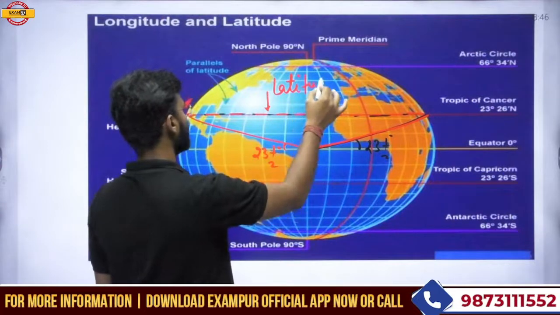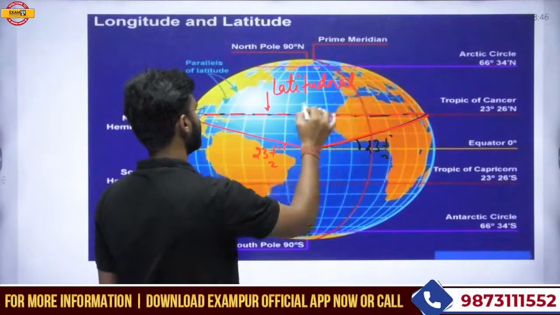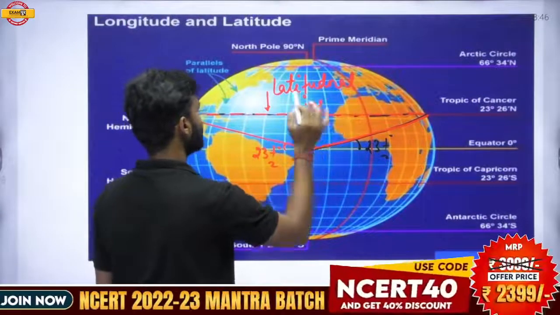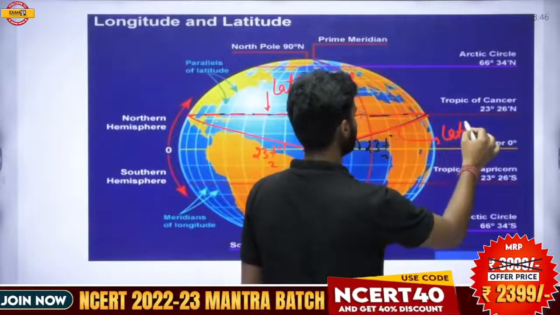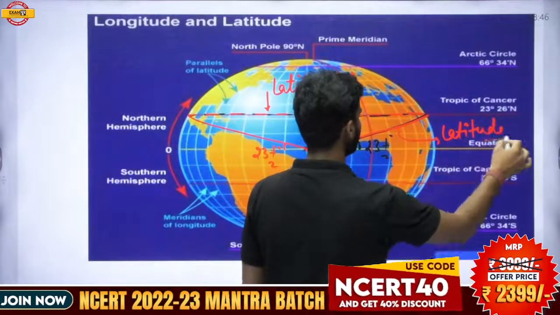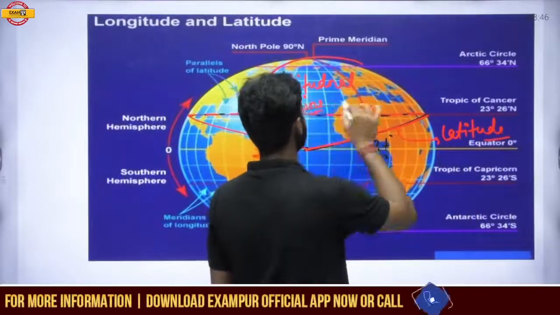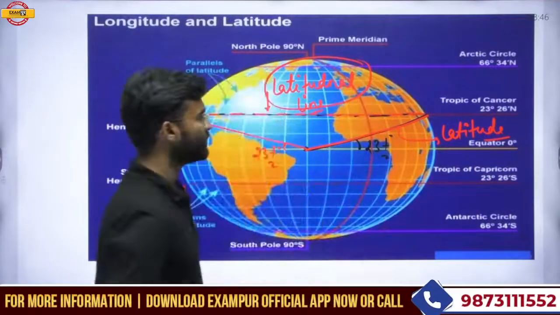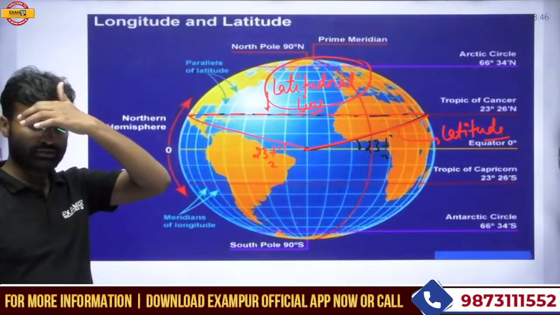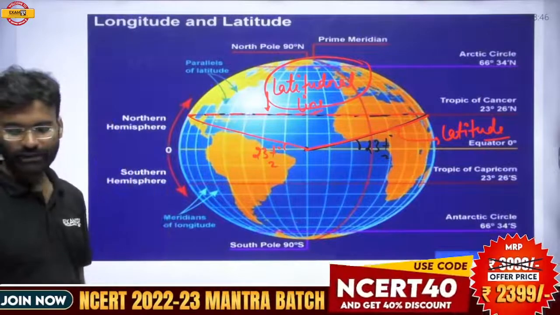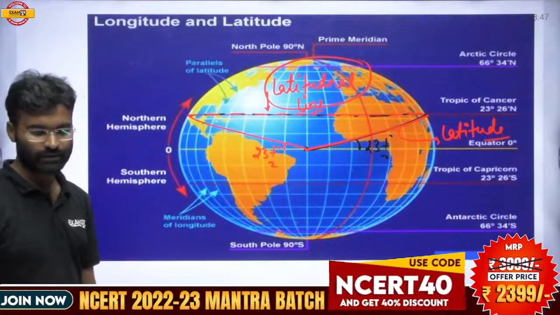This angular distance is called the latitude, and the imaginary line which joins the same angular distance is called the latitudinal line. So this is the difference between latitudes and latitudinal lines.